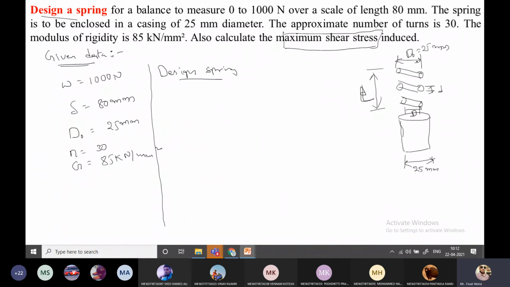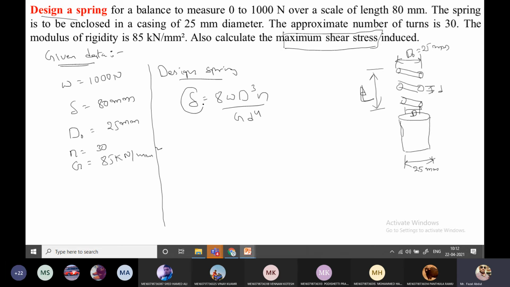These are all things I explained here. So see here, first for this calculation, we know the deflection of the spring is 8W D cube N divided by G d power 4.